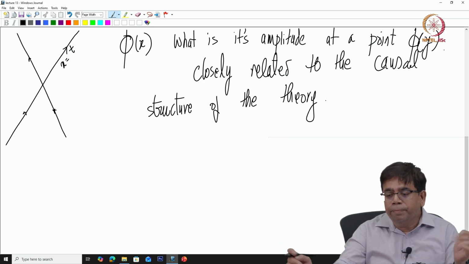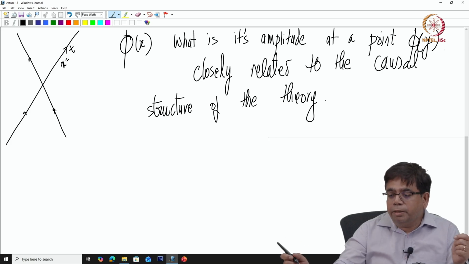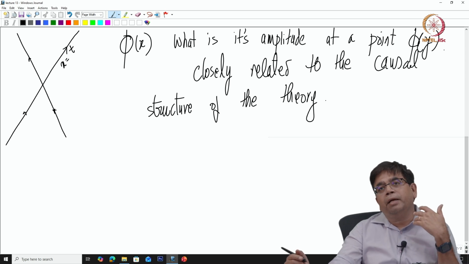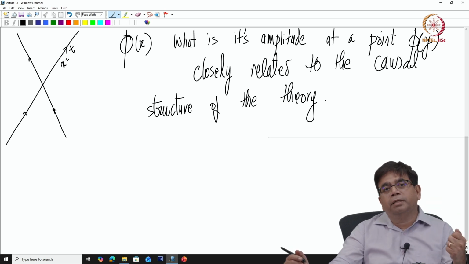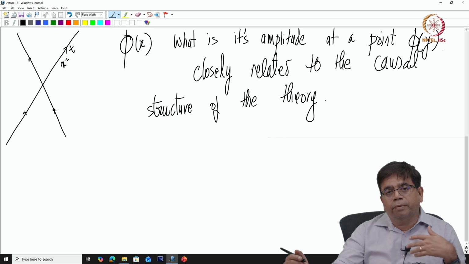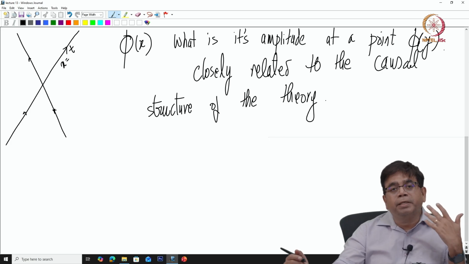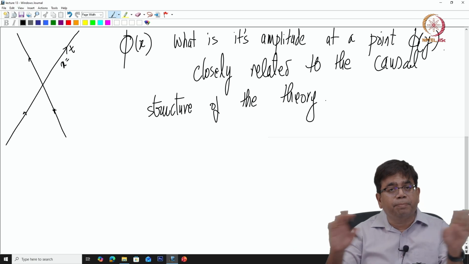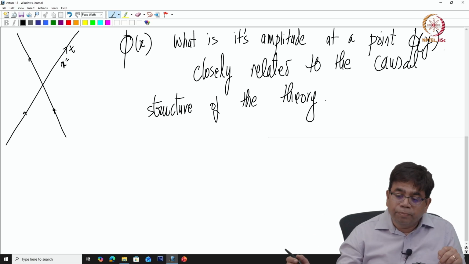Causality violation means you have transmissions happening beyond the speed of light, that is, transluminal propagations. Such propagations should die off naturally. They have to be completely suppressed, they have to be 0.